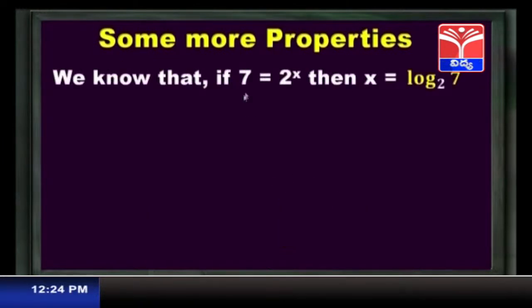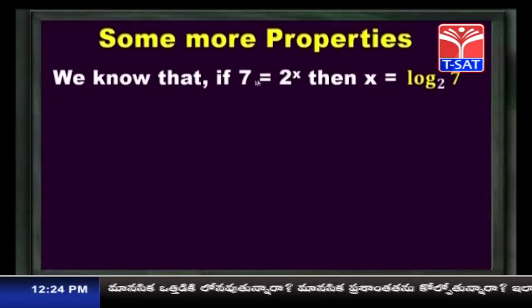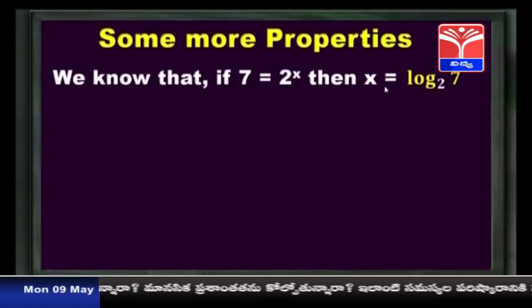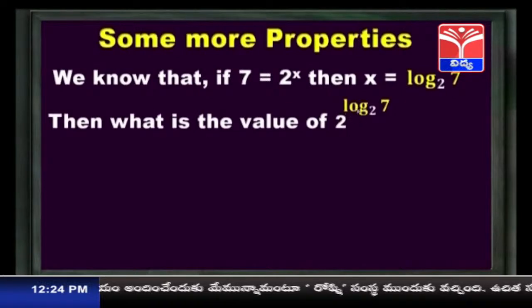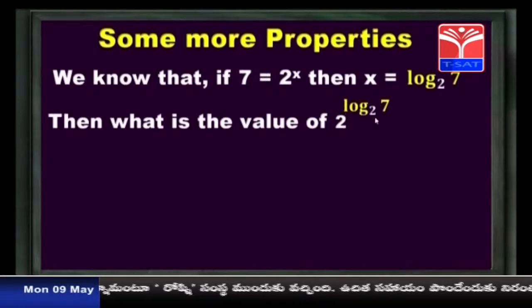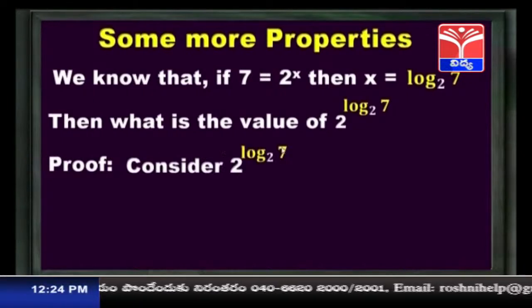We know that if 7 is equal to 2 power x, then x is equal to log 7 to the base 2. We can use the exponential form 7 is equal to 2 power x. While converting, we can write x is equal to log 7 to the base 2. Then what is the value of 2 power log 7 to the base 2? Proof, consider 2 power log 7 to the base 2. Here log 7 to the base 2 value is x.